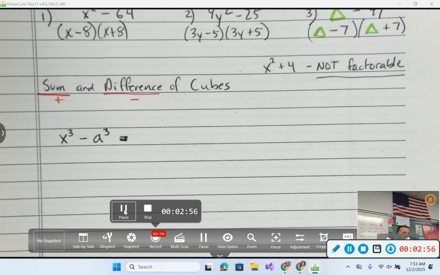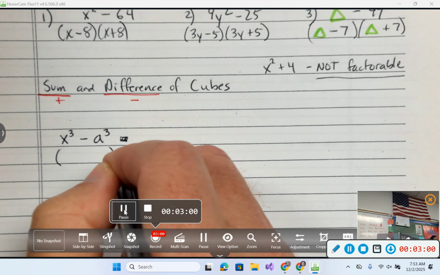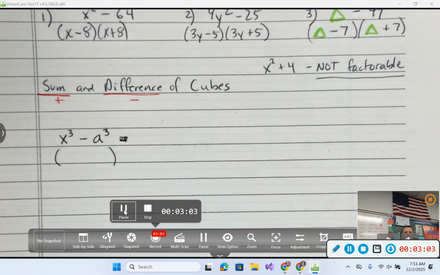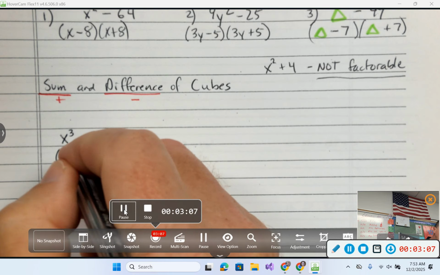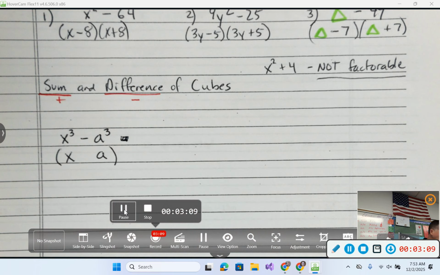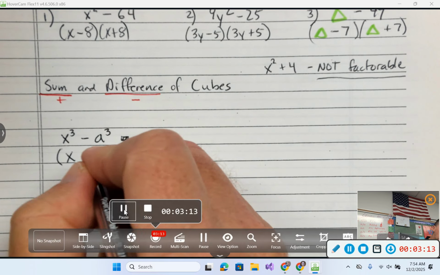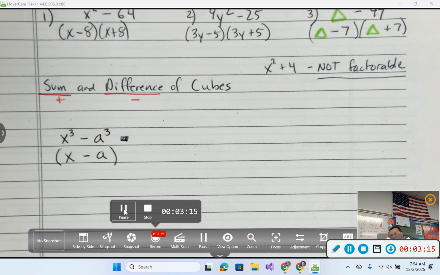After you do it a bunch of times, it'll be as easy as any of the other math patterns that you know. The first piece is pretty easy because you just take the cube root of both of those pieces. So x and a. Do we have three parentheses? You don't have three parentheses, but a lot of people are going to put that as their wrong answer.